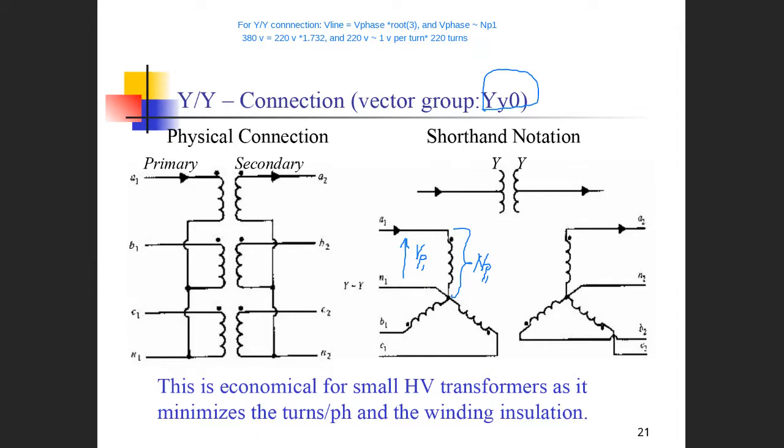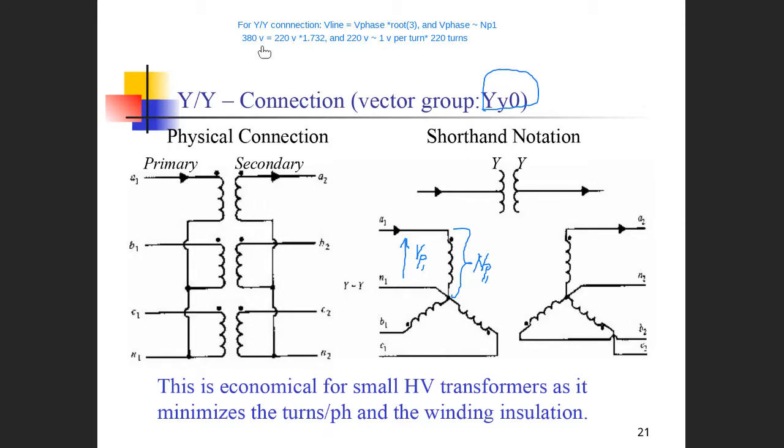So for a star-star connection, the line voltage equals the phase voltage times √3, and the phase voltage depends on the turn numbers in phase 1.